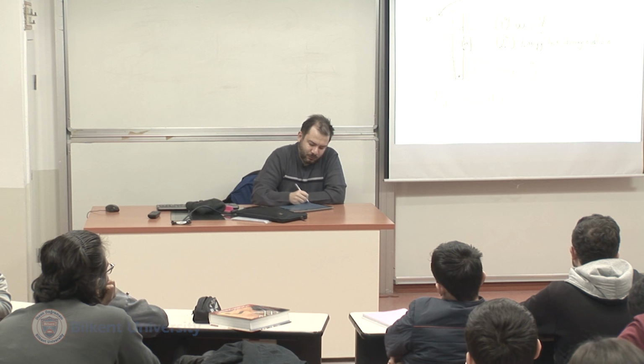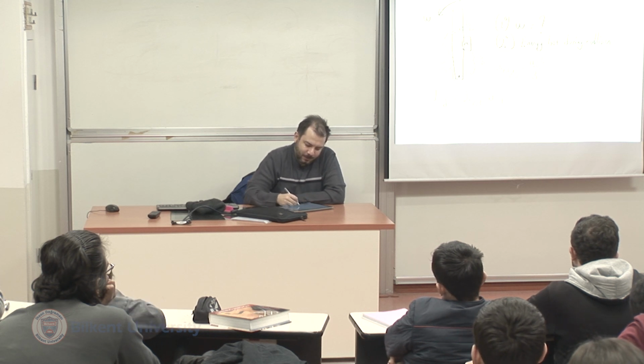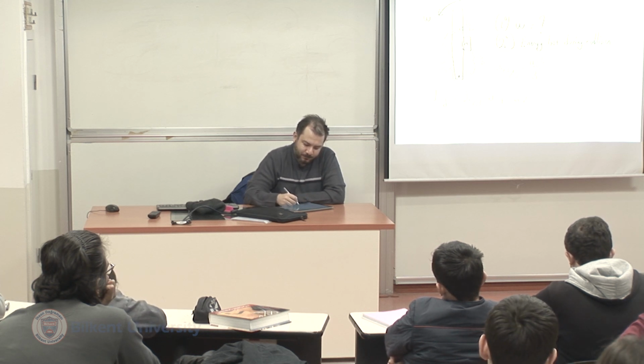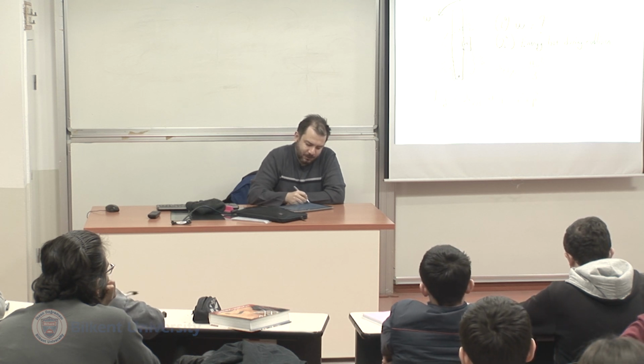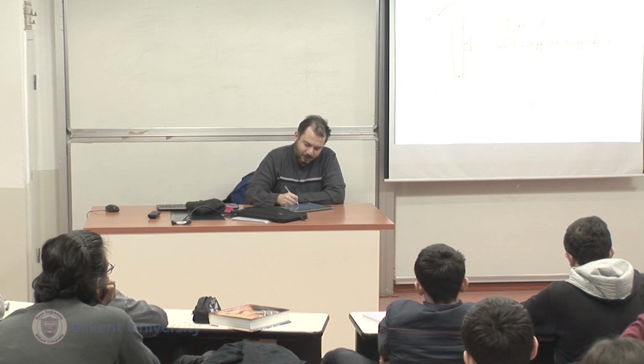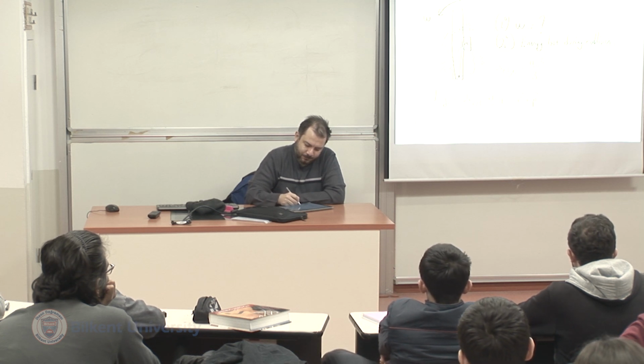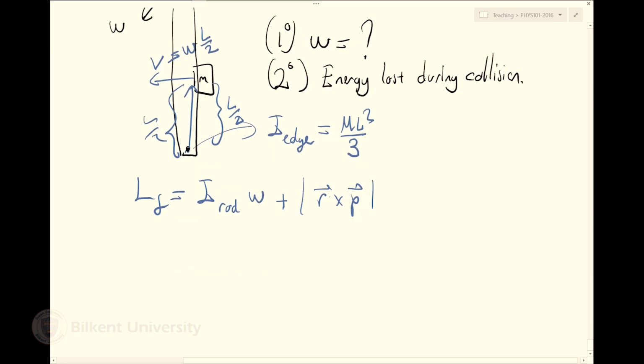Again, L over 2. So it's r cross p. I rod, I already wrote, is m L squared over 3 times omega.